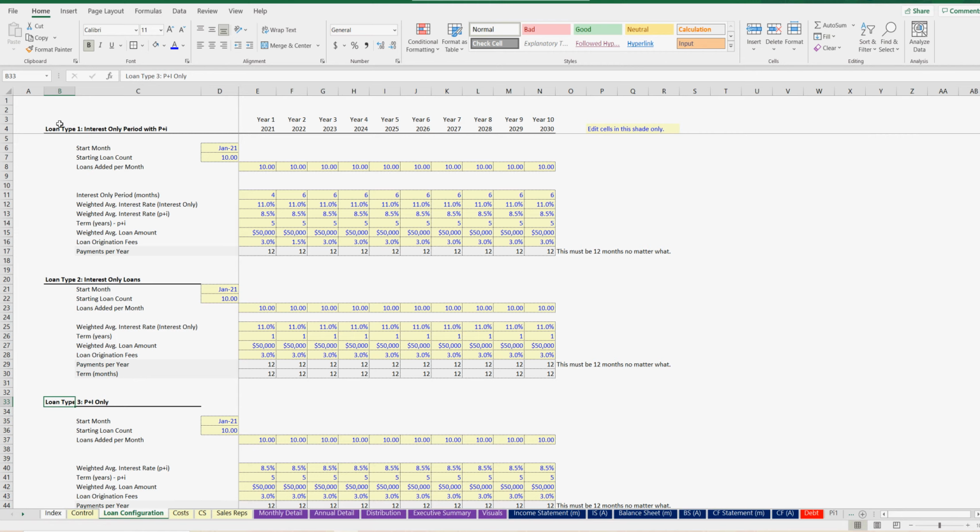So those are the three main types that exist at a high general level. And the user can plan out the month they want to start offering these types of loans, as well as the starting loan count, and then the monthly loans originated or lent out per month in each of the 10 years.